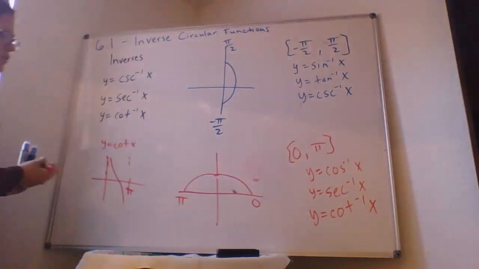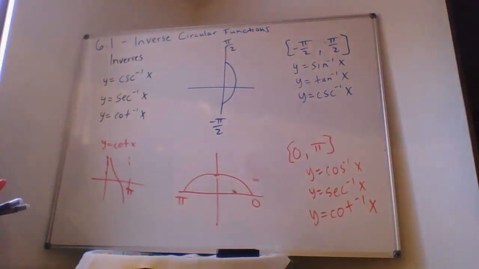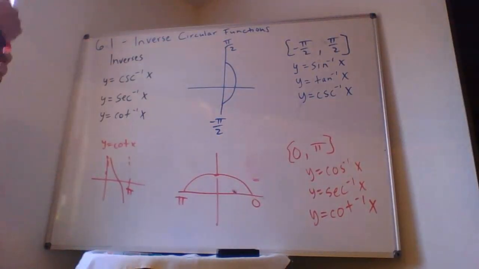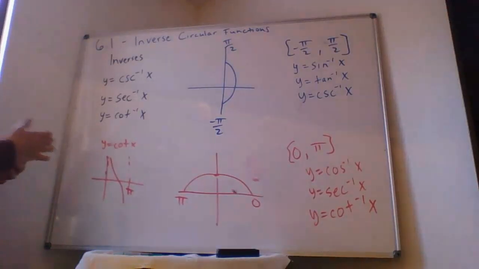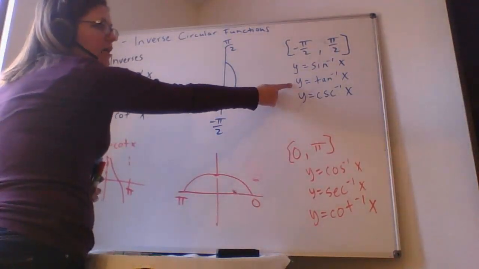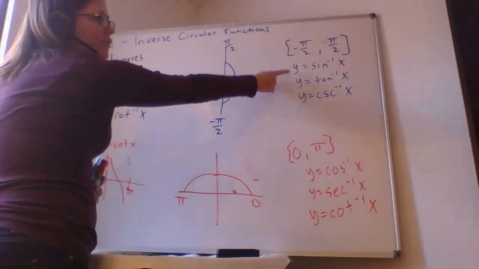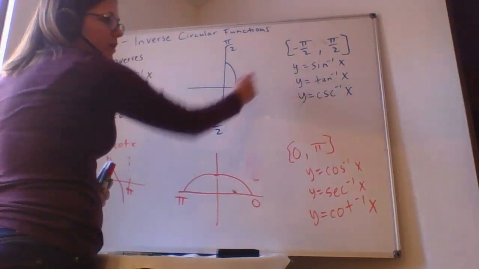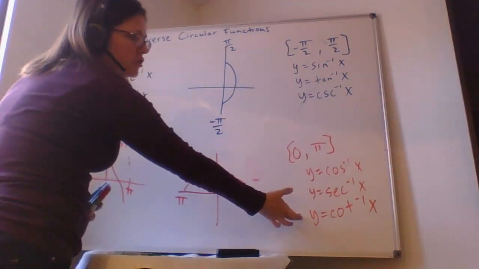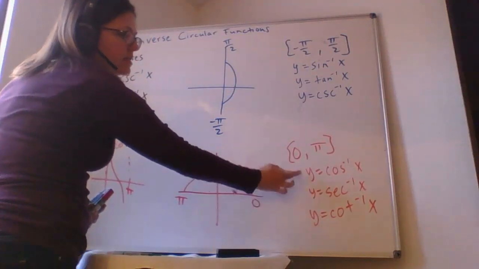For memorization purposes, I like to think of tangent and cotangent follow whoever's in the numerator. So since tangent is sine over cosine, it's going to go in the sine group. And since cotangent is cosine over sine, it's going to go in the cosine group.